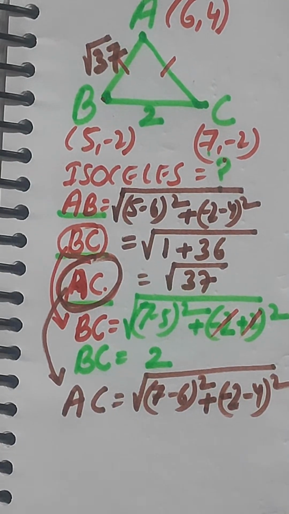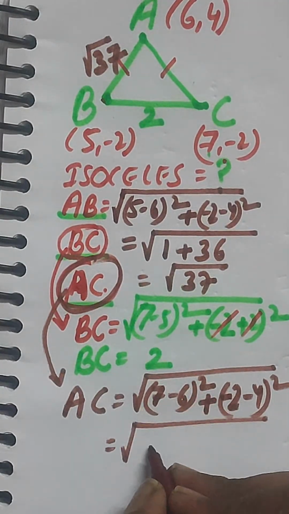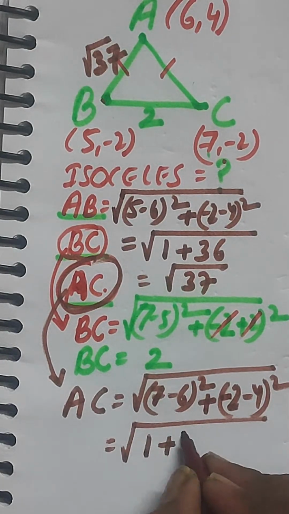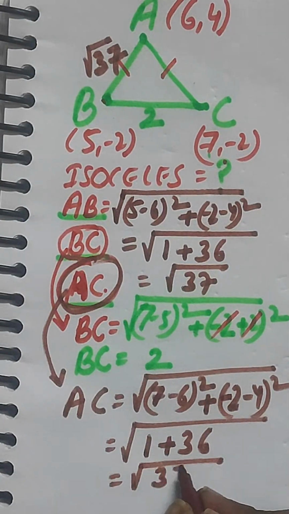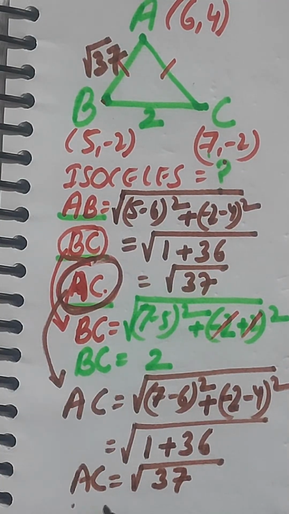So this will give you root over of 7 minus 6 whole square is nothing but 1, and minus 2 minus 4 is minus 6, minus 6 whole square is 36. So plus 36. So you can see the length of AC is also calculated as root over of 37.